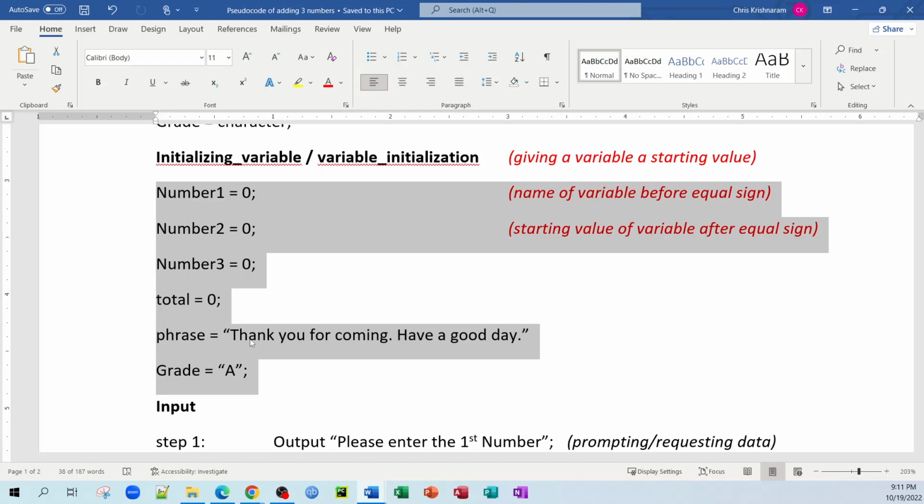Now, remember, a constant is something that does not change. It's a variable that does not change. So that definition there is not telling you exactly what happens. It's not that it does not change.